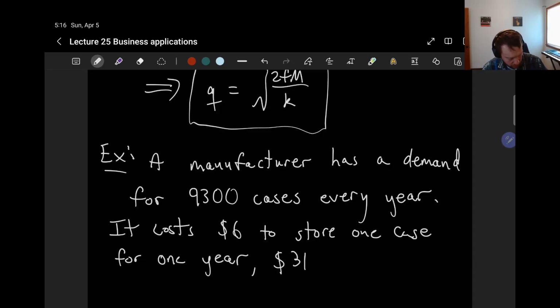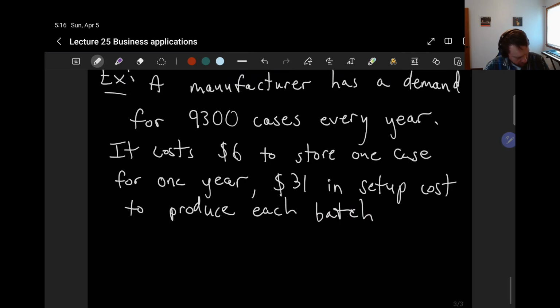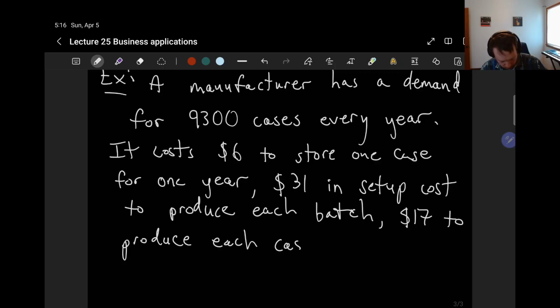Also, $31 in setup costs to produce each batch. And then $17 to produce each case within a batch, of course. So each case of honey costs $17 to make.